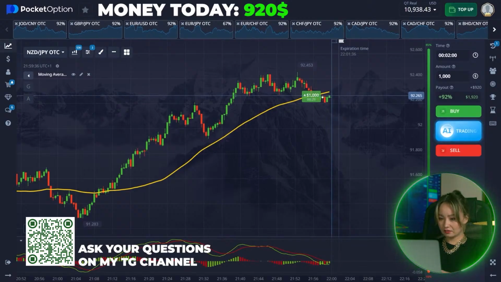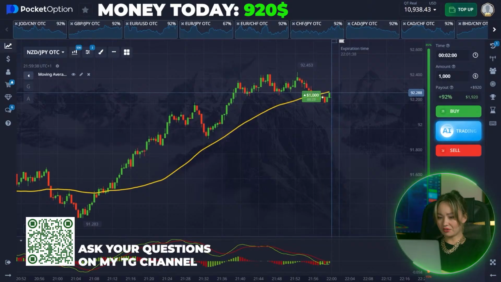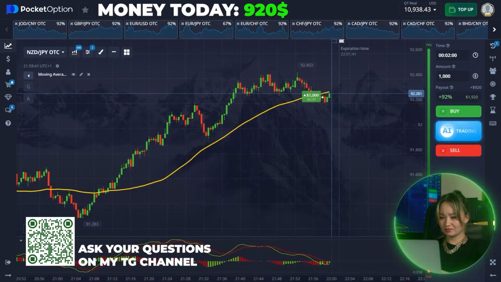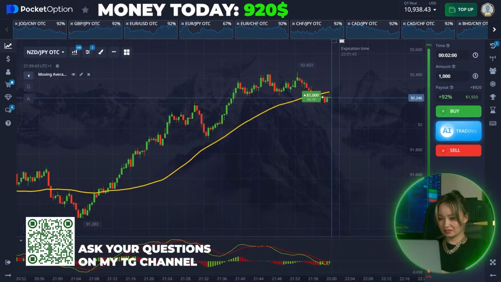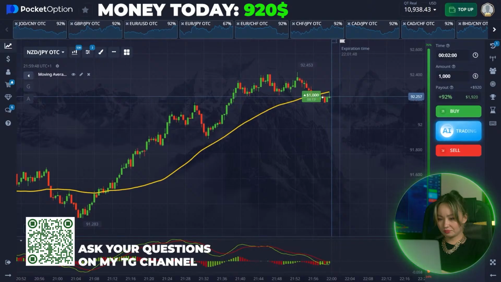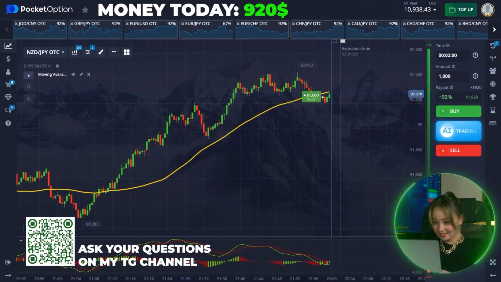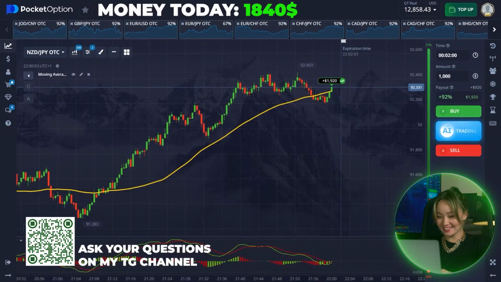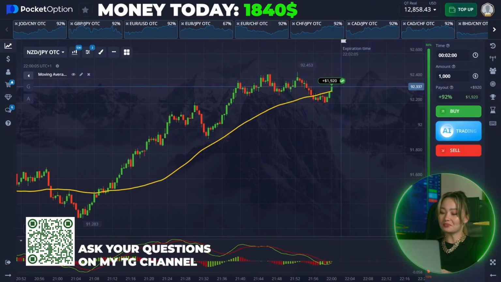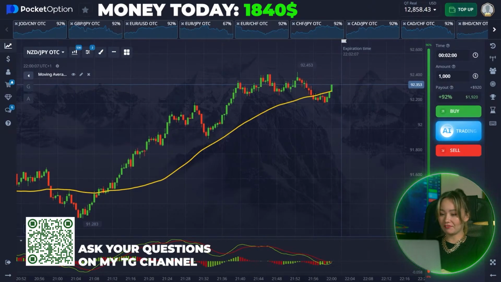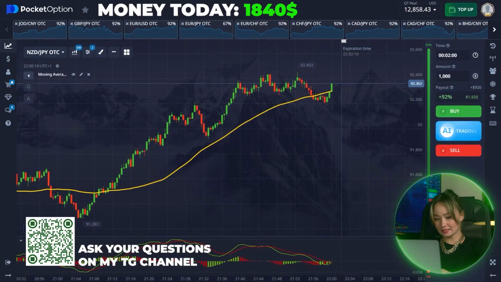And we are hovering around the entry point. Time to grow. Yes, we are climbing. And 3, 2, 1. Yes, awesome, guys. Another profitable trade. Let's keep going and find more interesting trades.